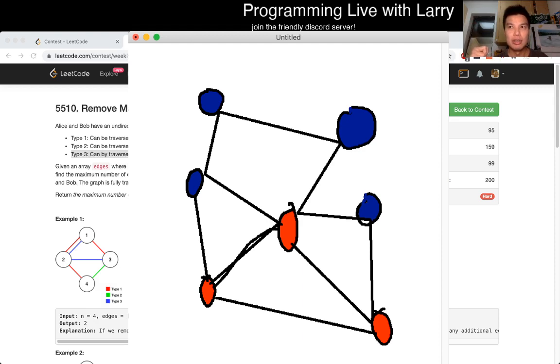Now you have a spanning forest that only consists of type 3 edges, right? And to connect them, they're always going to use the same number of edges.